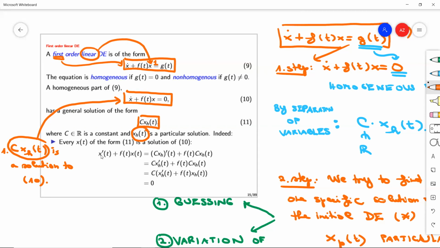So we plug in (C x_h)' plus f C x_h, do some calculations. And you see here, this constant C can be factored out. And in the parentheses, we get x_h' plus f x_h. And since this x_h was a particular solution of this homogeneous part, this parenthesis will be 0. So C times 0 will be 0.